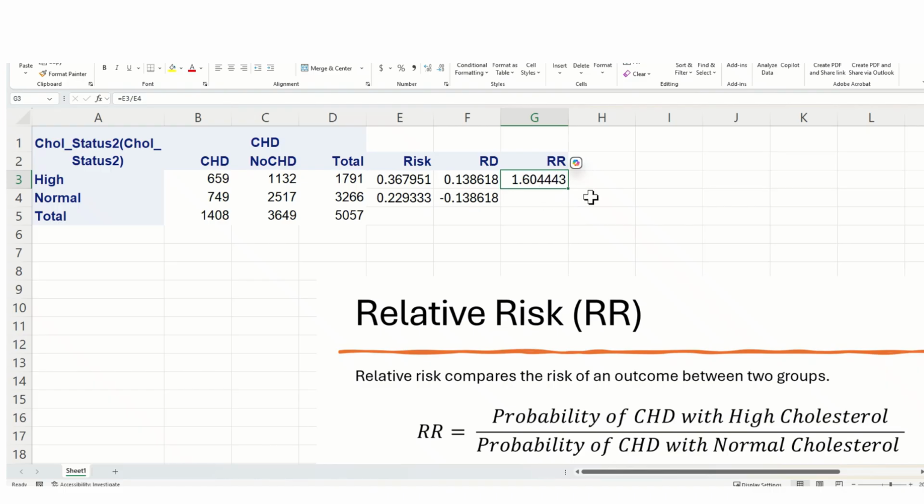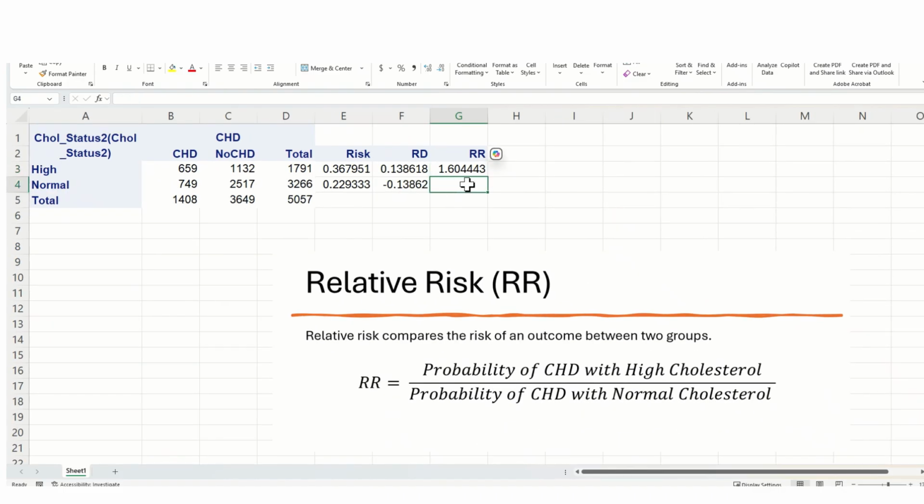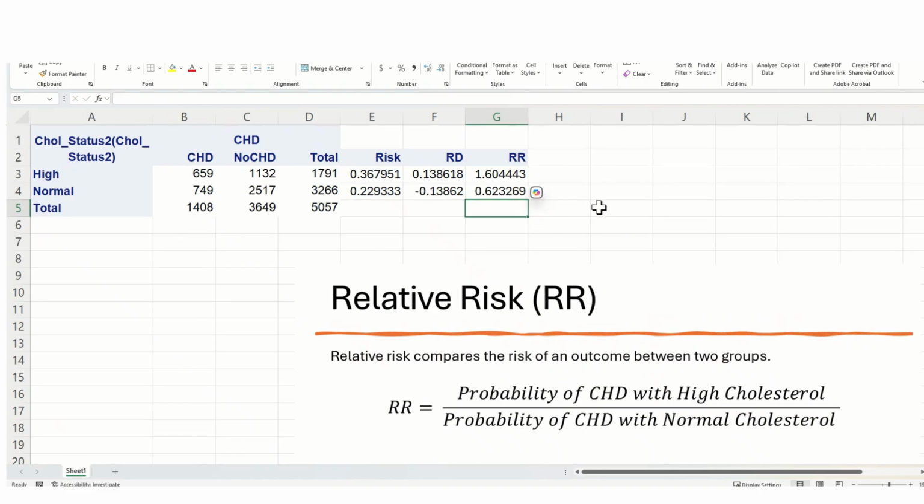And we can do the opposite also, which is not going to be the same value or the exact opposite of it because of how the fractions work. So the risk of chronic heart disease among normal cholesterol individuals compared to high is the risk in normal cholesterol individuals divided by the chronic heart disease risk among high cholesterol individuals, and it comes down to 0.623.